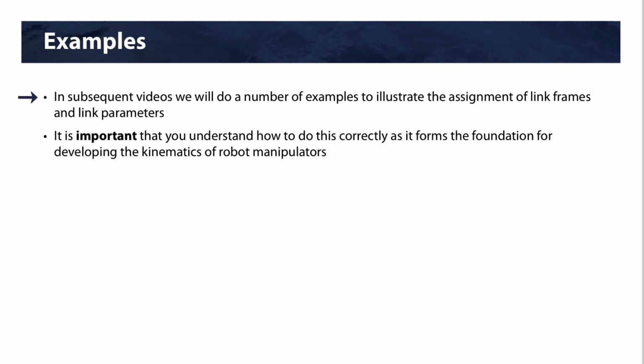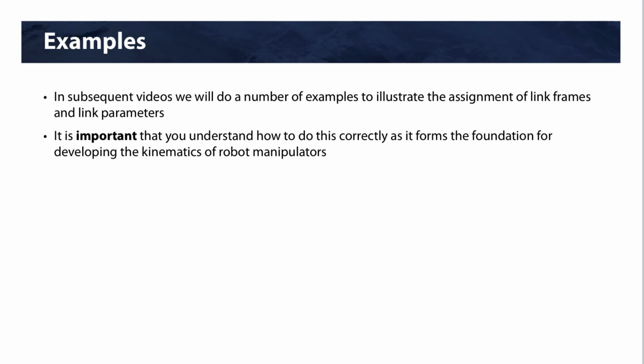In subsequent videos, we're going to do a number of examples to illustrate the assignment of our link frames and link parameters. It is really important that you understand how to do this correctly, as it forms the foundation for developing the kinematics of our robot manipulators. Getting those D&H parameters correct will allow us to develop a correct forward displacement solution.